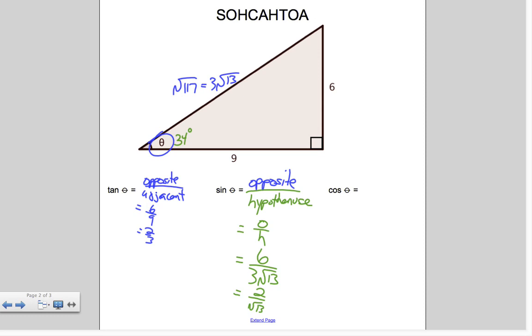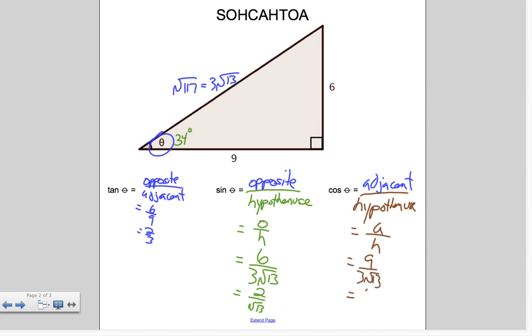The last trigonometry function is the cos. So again, this is opposite. Oh sorry, it's adjacent. Thank you. So cos of theta is you take the side that's adjacent to it, and here you divide by the hypotenuse. In other words, adjacent over hypotenuse. So in this case, the adjacent is 9 over, the hypotenuse is 3 root 13.